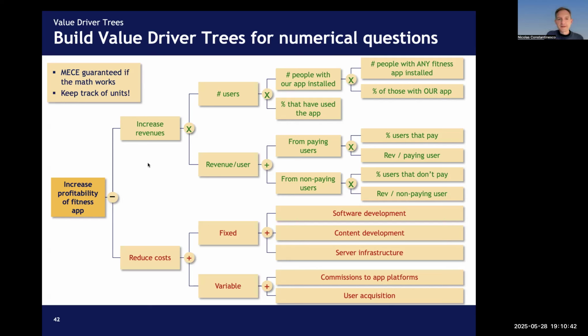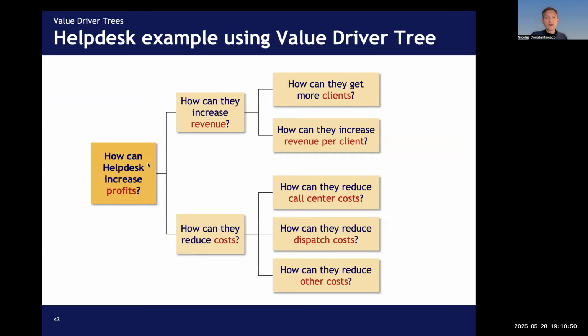So that's why. Yeah. So this is what a value driver tree is. In fact, the help desk example that I've used many times was a value driver tree the whole time. I just never showed you the signs, but here they are. And this is one of the reasons that it works.